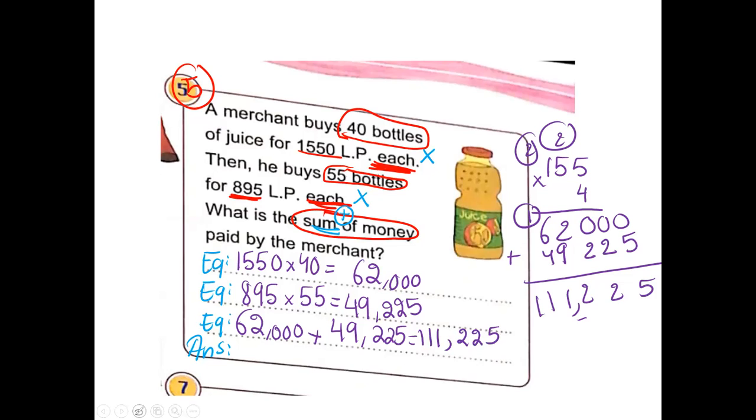So let's write the sum of money is 111,225 Lebanese pounds. Copy it on your math book, please.